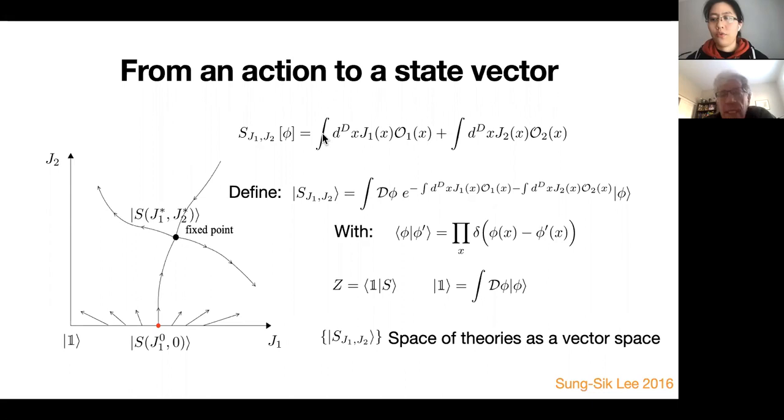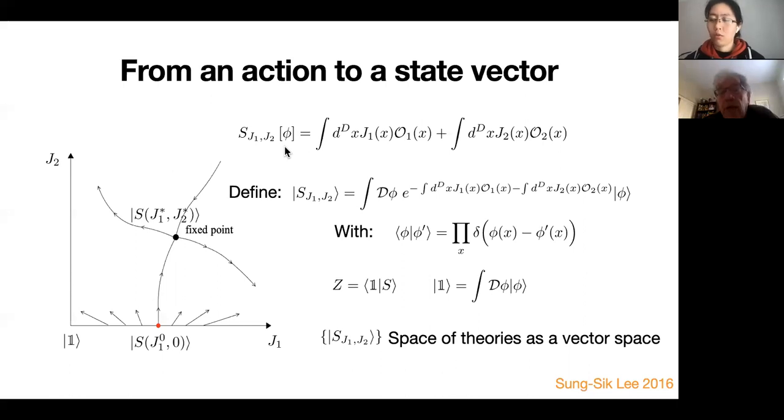But it could be that your integration d phi is the one which depends on S0, right?